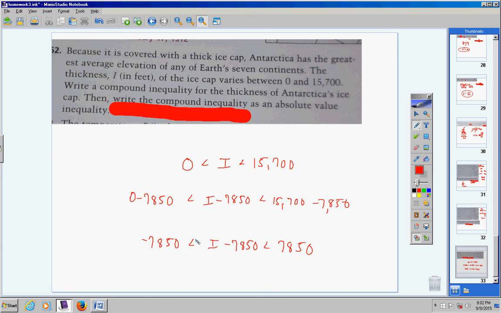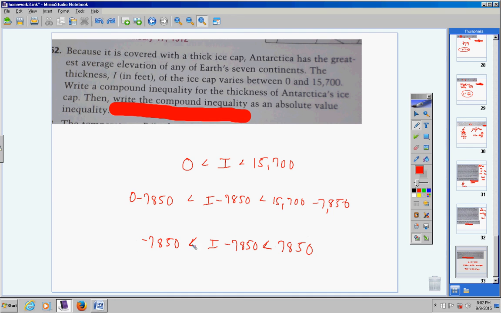Now here's what I've taught you guys. If these two arrows are pointing to the left, and if this number here is the exact opposite of this number here, which it is, then you can write an absolute value inequality. By the way, this number here does not have to match these outside numbers. That is a coincidence. This number right here could be 52, and you're still okay. Alright, now listen, let me go over the two qualifications again.